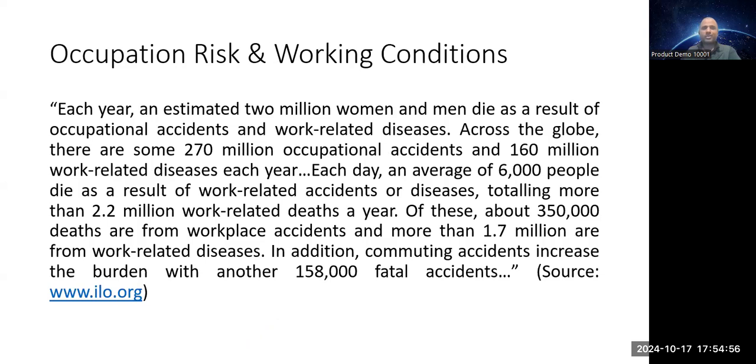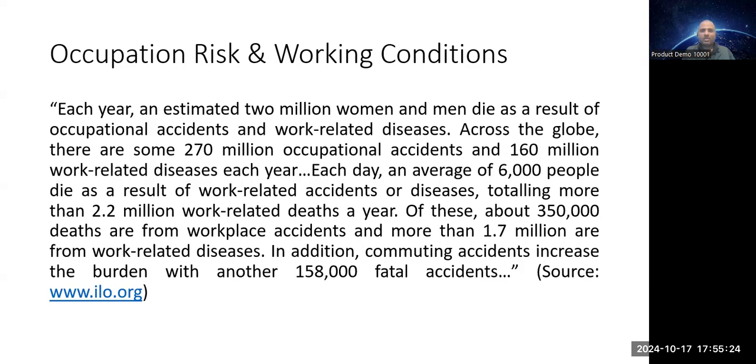Talking about statistics, each year an estimated 2 million women and men die as a result of occupational accidents and work-related disease. Across the globe, there are about 270 million occupational accidents and 160 million work-related diseases each year. Each day, an average of 6,000 people die as a result of work-related accidents or disease. This totals up to more than 2.2 million work-related deaths a year.